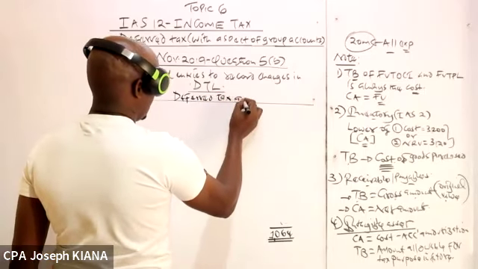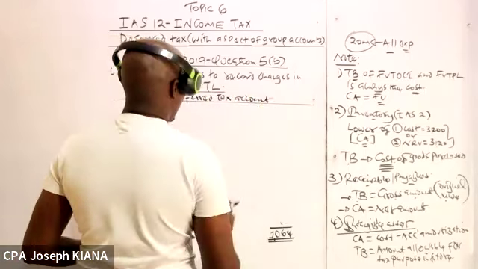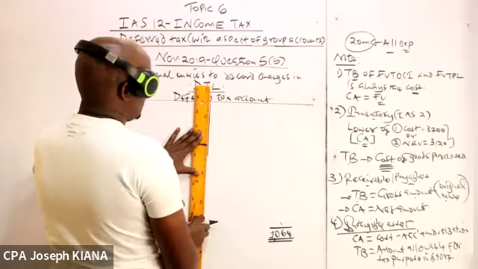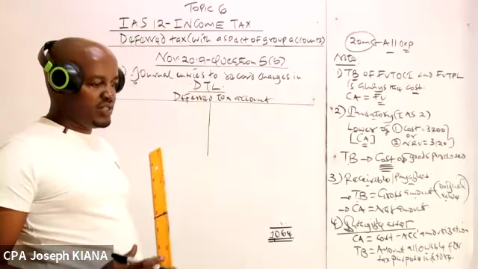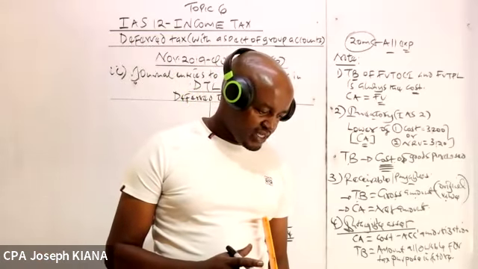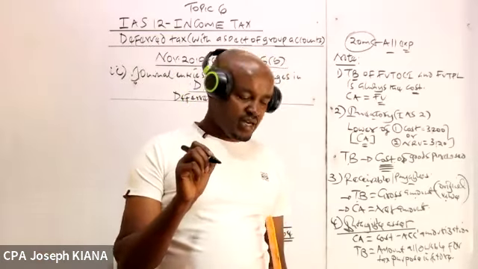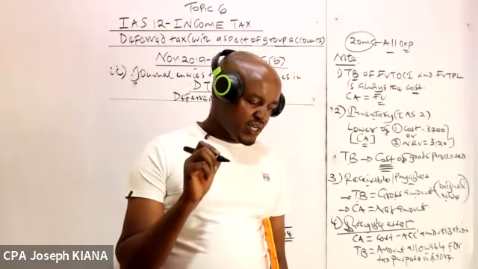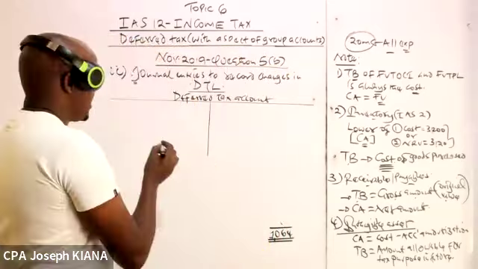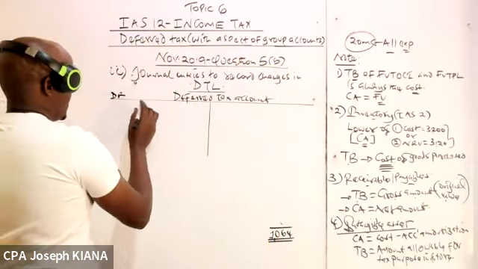So we start by preparing the deferred tax account. In this deferred tax account, what do we record? We start by recording the first item, which is given in paragraph 1 of this question, and that is the deferred tax liability at the start. Remember, these are ledger accounts.